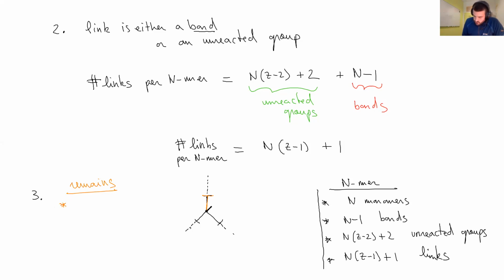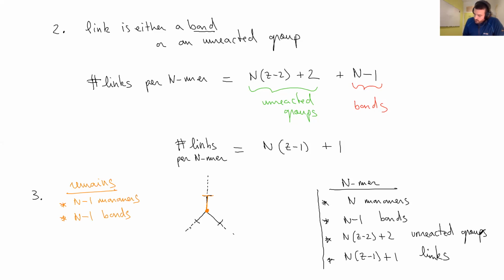Well, this n-mer belongs to a monomer, so there are n-1 monomers remaining. There are still n-1 bonds to create because I only identified an unreacted group. I don't know if there is either an activated or not bond nearby.